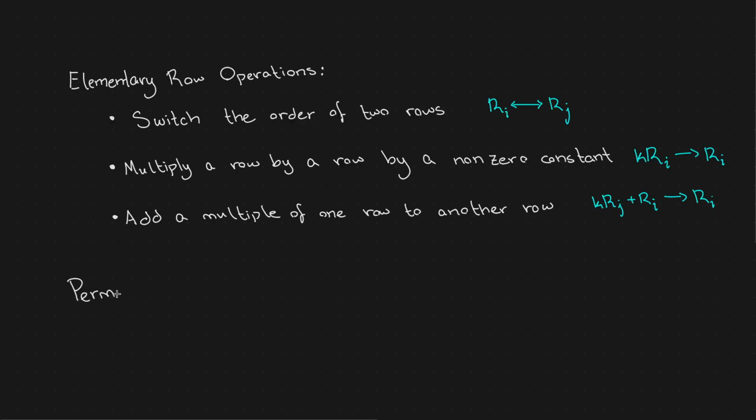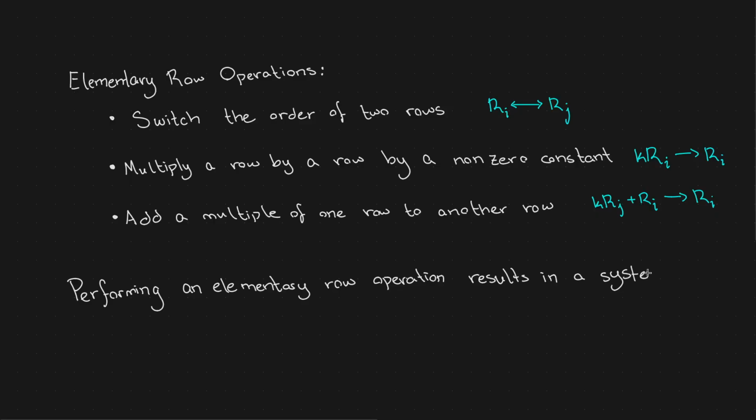Performing an elementary row operation results in a system of linear equations equivalent to the original system.